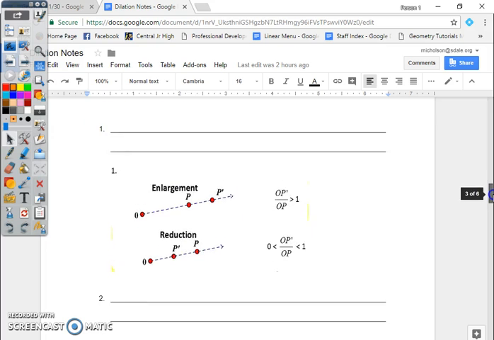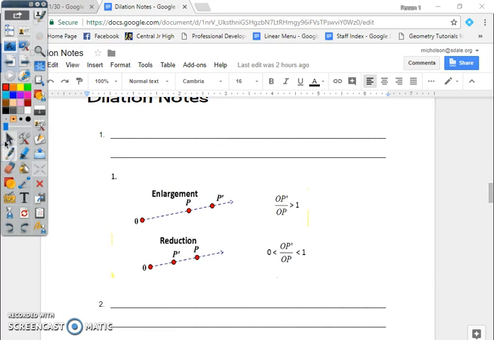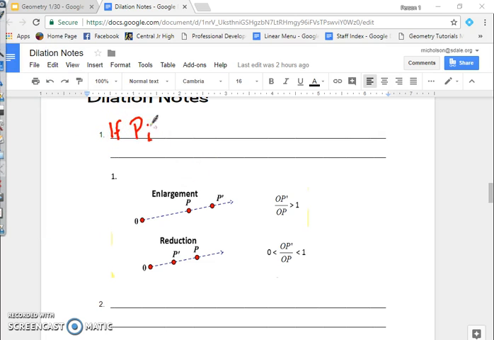In the first case, if P is not the center O, the origin, then P prime lies on the ray OP.